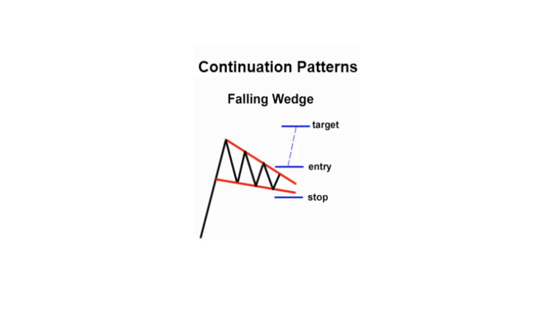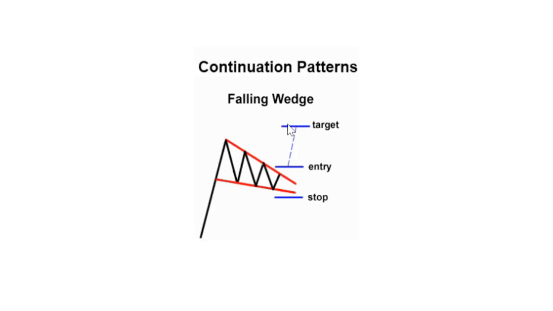So here our falling wedge pattern is just a continuation pattern. So once again we still find our price making a series of lower highs and a series of lower lows, right? So our price target again will be this distance from here at the highest point of the wedge to this price here, and it will give us a projected target of about here.